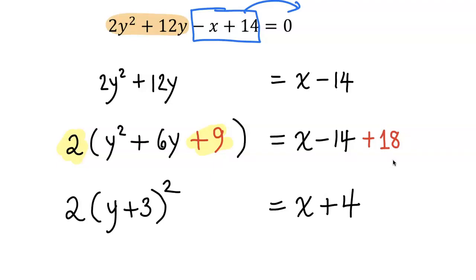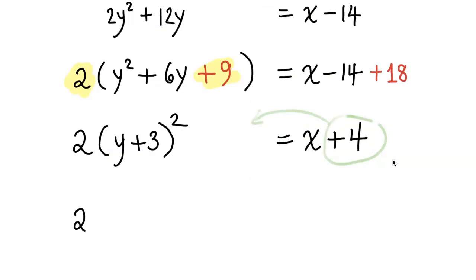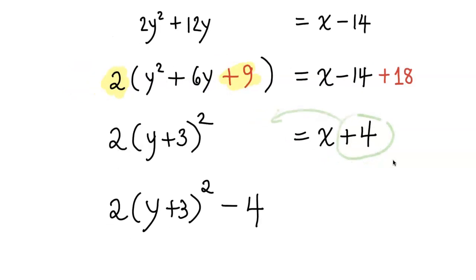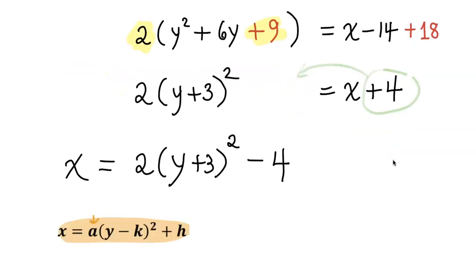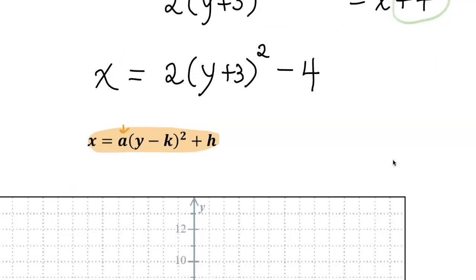I am going to move this 4 back to the left side. Then we have 2 times (y plus 3) squared minus 4. And instead of putting equal x there, let me just put that x over here. And now I'm going to copy that form that we wanted to get it into.